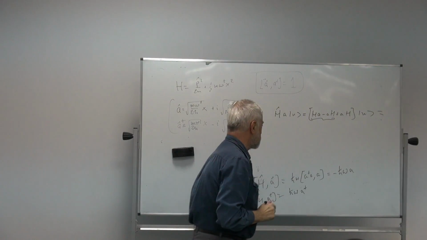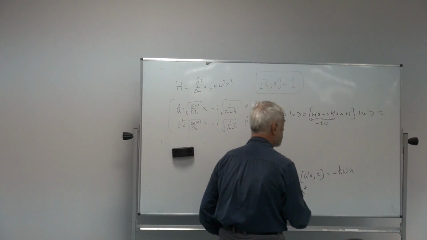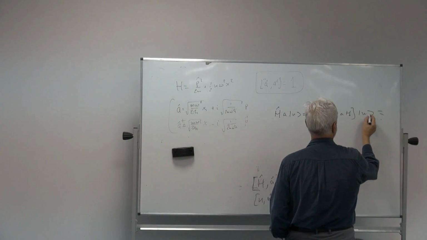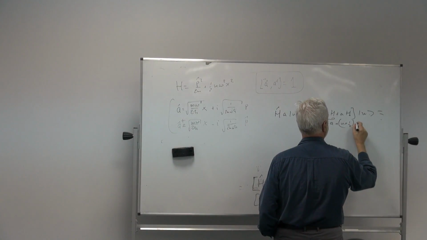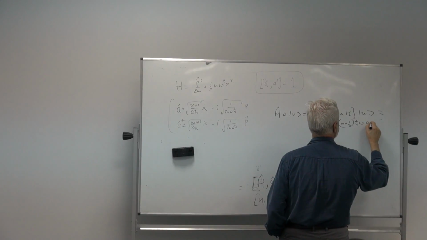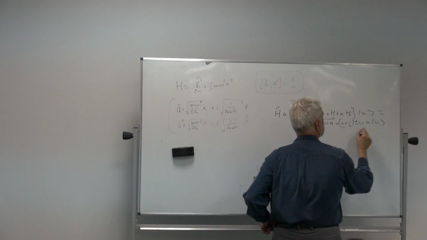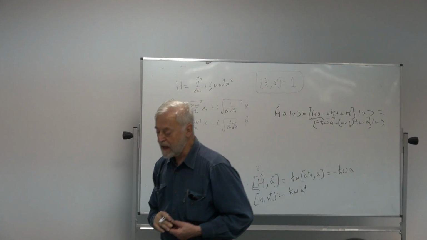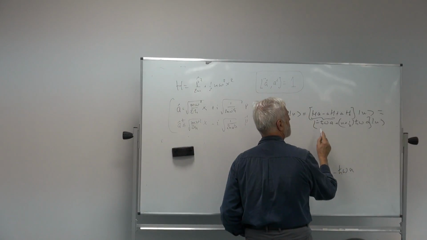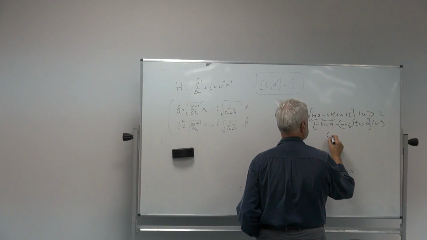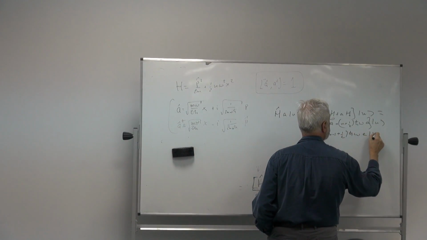My commutator is minus h bar omega times A, and this is, of course, the eigenvalue n plus a half times h bar omega A. So A acting on n produces another eigenstate, but this time with the eigenvalue smaller by 1. This combined is the same as n minus 1 plus a half, h bar omega, A n.